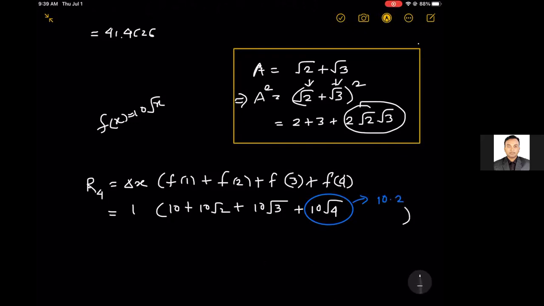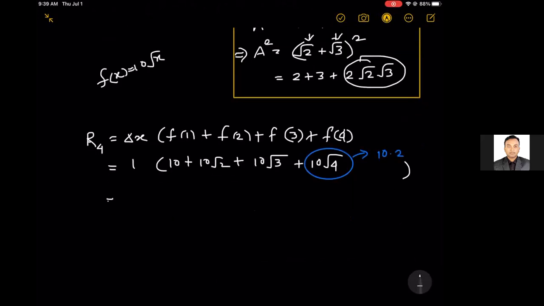All right. Now, once again, if I use my calculator, 10 plus 20 is 30. And we need to add this as well. Let me use my calculator and see. So 30 plus 10 square root of 2 plus 10 square root of 3.